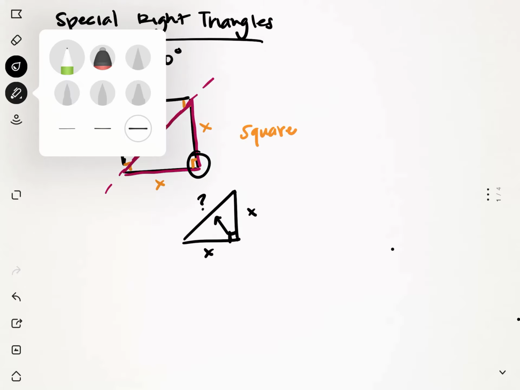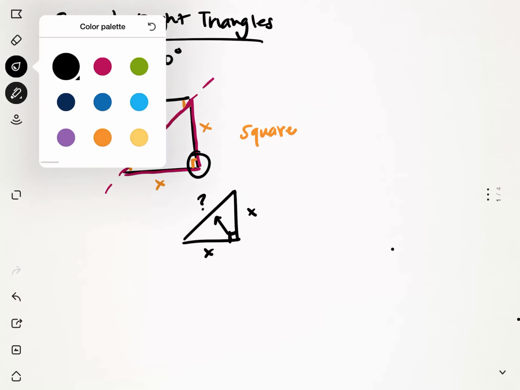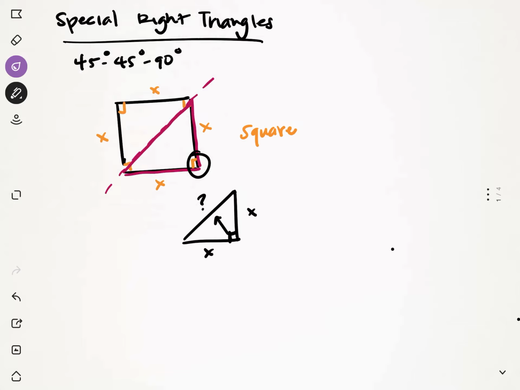All right, so let's do some algebra here. Anytime we have a right triangle, if we're trying to find one of the sides, we can use the Pythagorean Theorem, as long as we know the length of the other two sides.